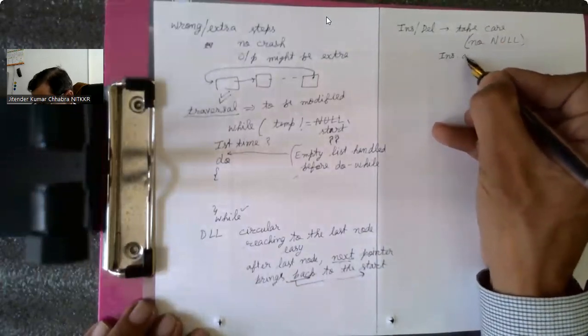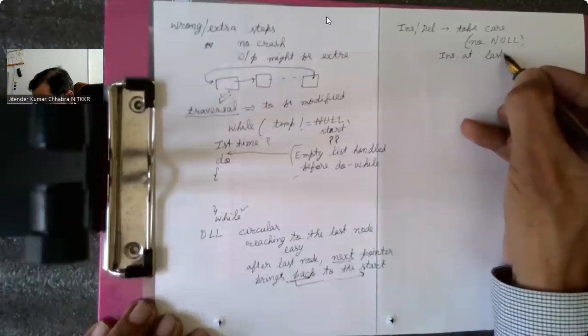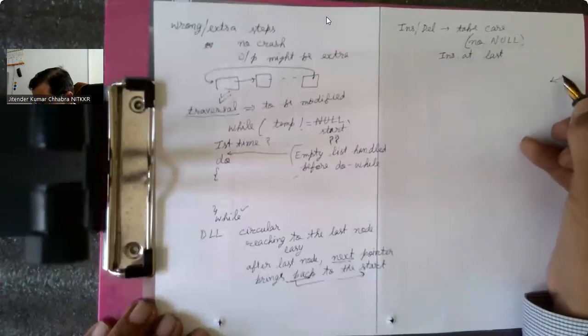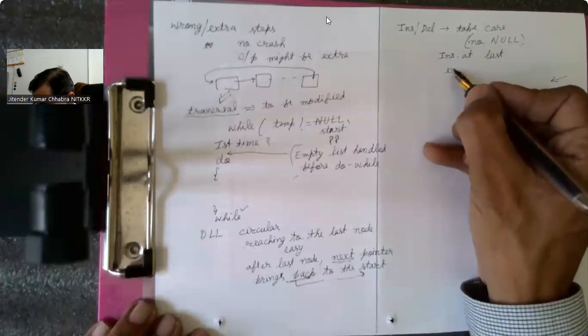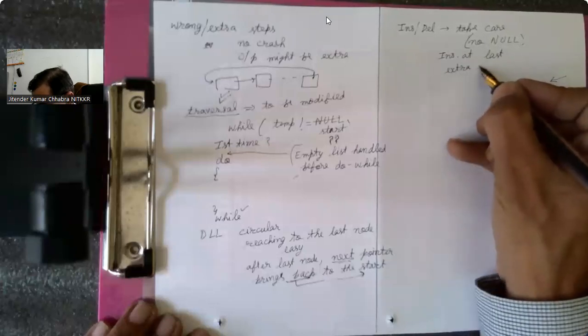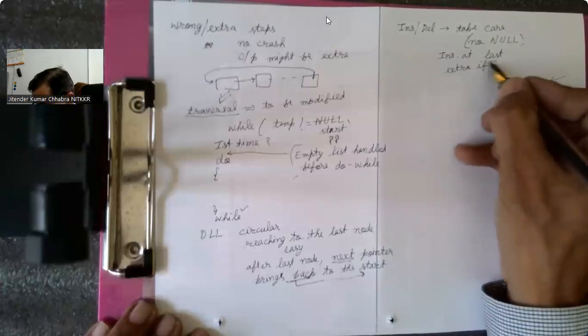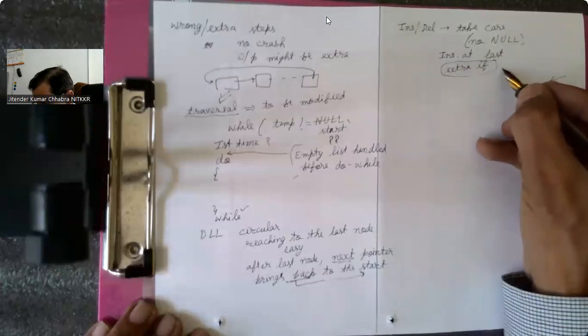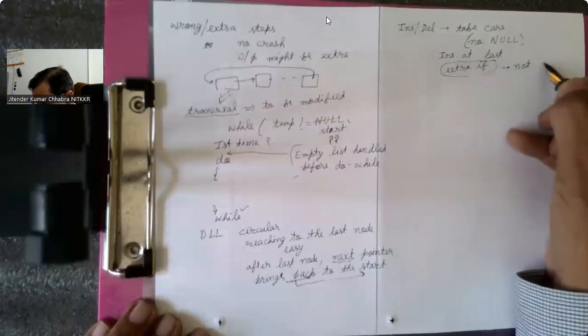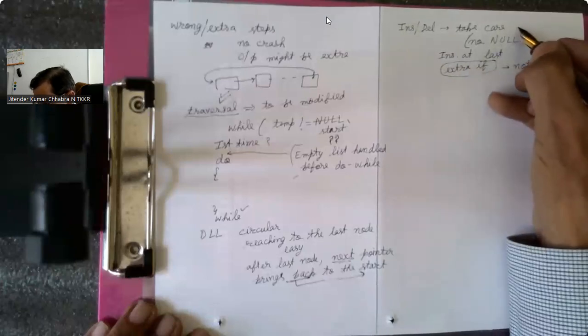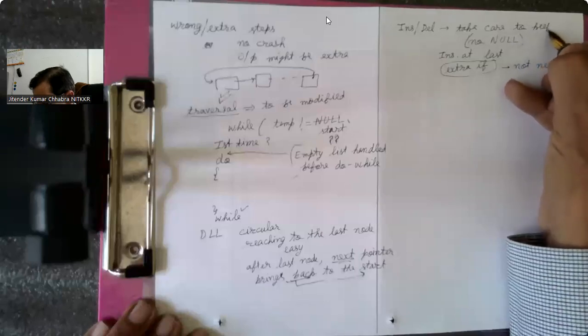In the case of insert at the last node, because the back pointer didn't exist, you had an extra if earlier to handle the null situation. Now that extra if is not needed because null will never happen. So just make sure that it remains circular every time, to keep it circular always.